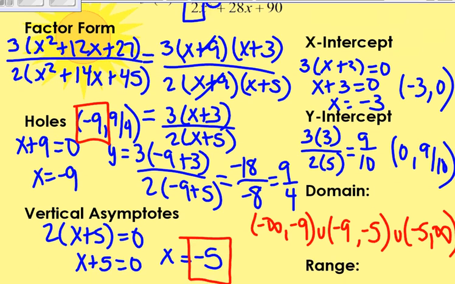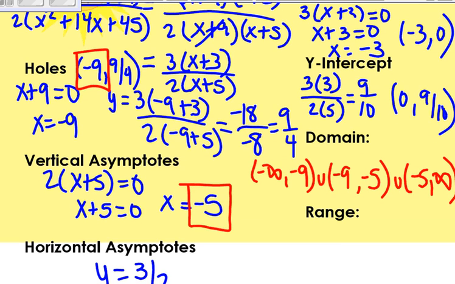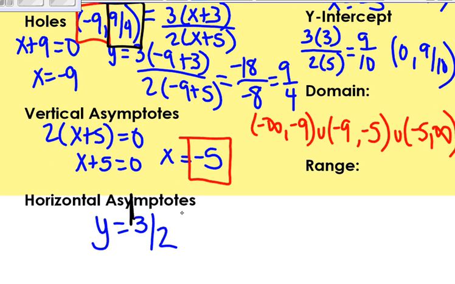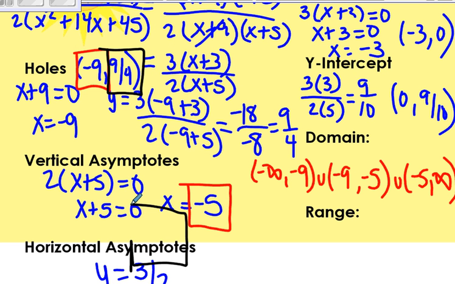All right, last part is the range. So for range, we're affected by the y of the hole and our horizontal asymptote, which is 3/2. So 3/2 is smaller than 9/4. So we're going to go from negative infinity to 3/2.